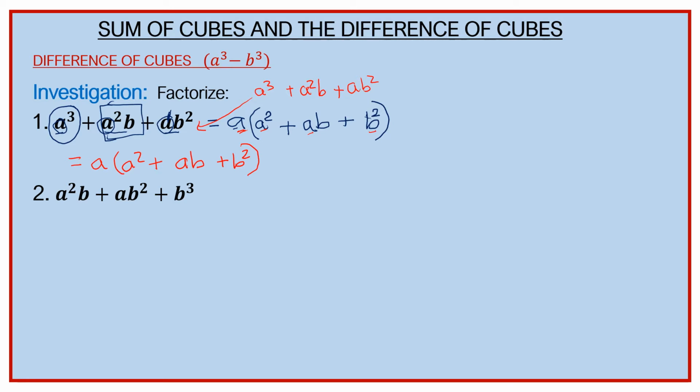In number 2, we have a²b + ab² + b³. So you see we have b, we have b, we have b.